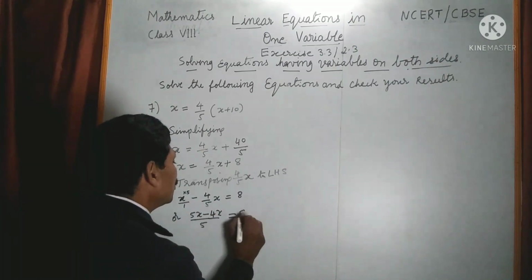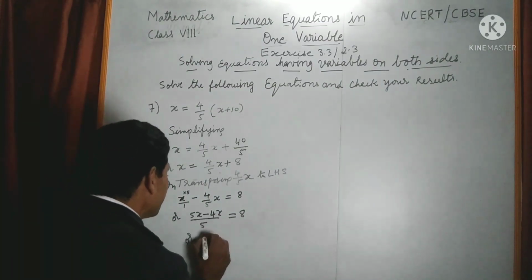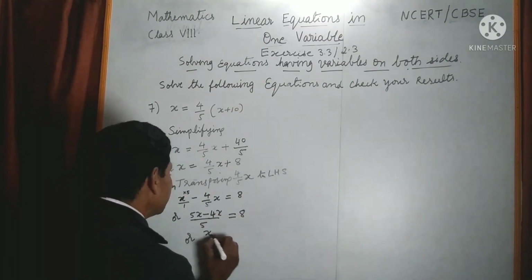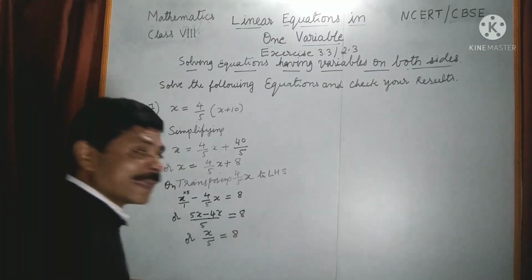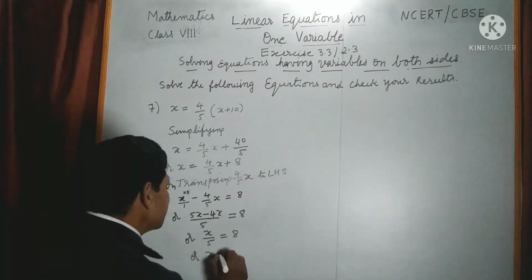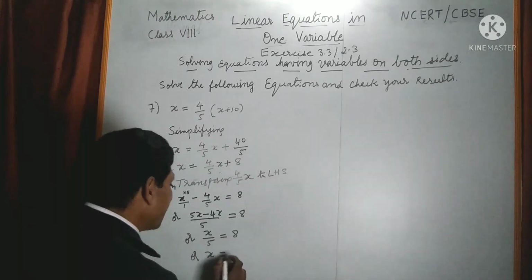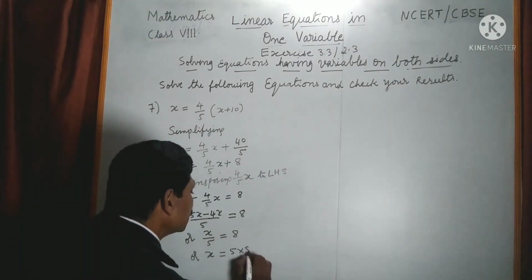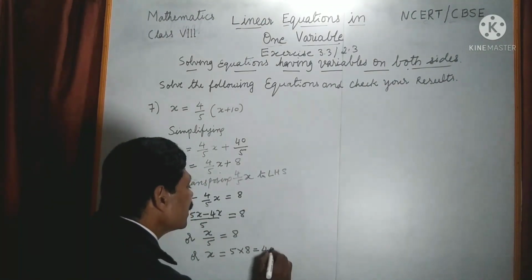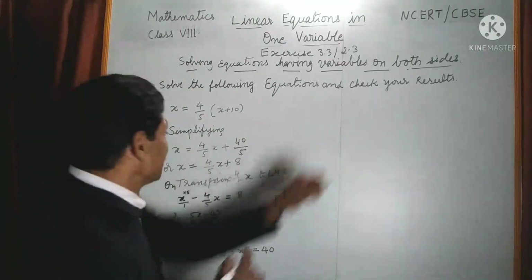This is equal to 8, or 5x minus 4x is 1x. That means x by 5 is equal to 8, or x is equal to, let us perform the cross multiplication. 5 into 8 is equal to 40.